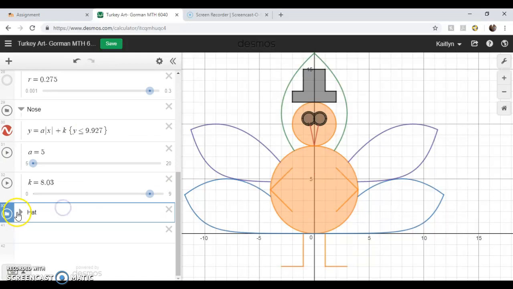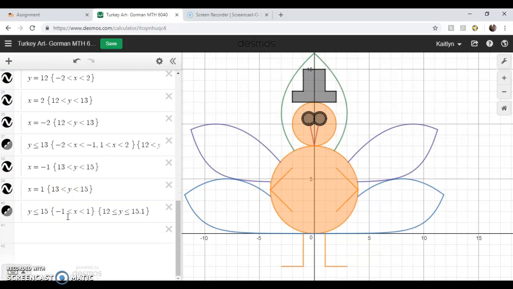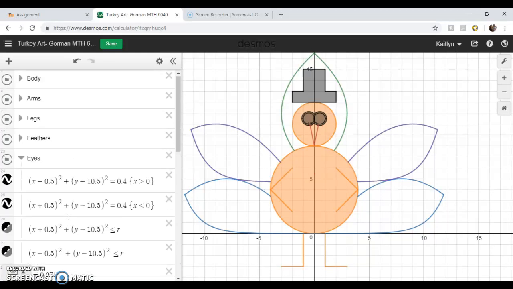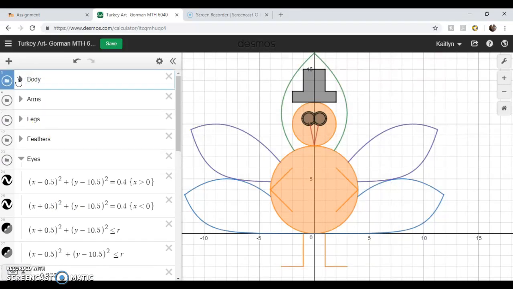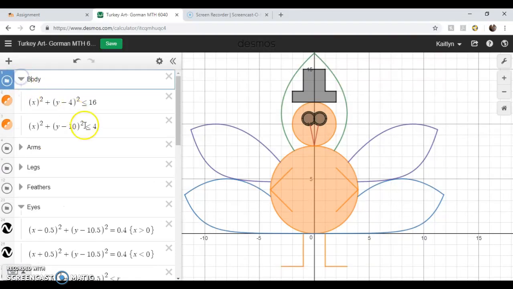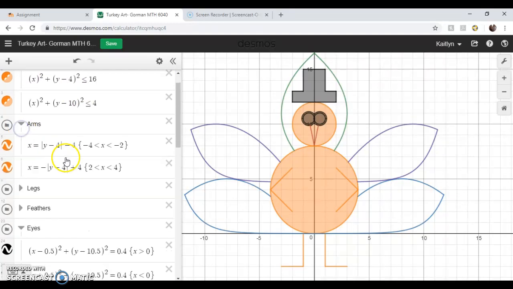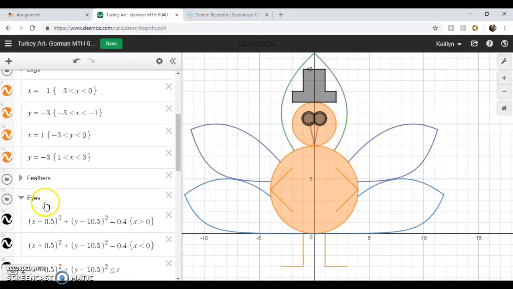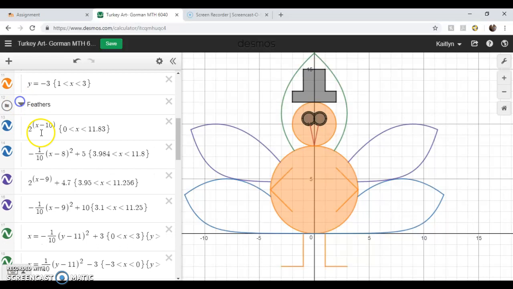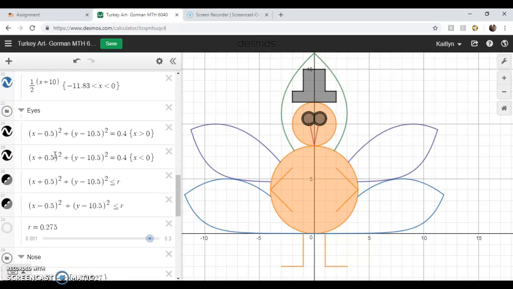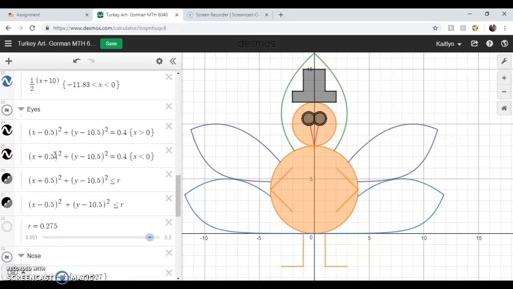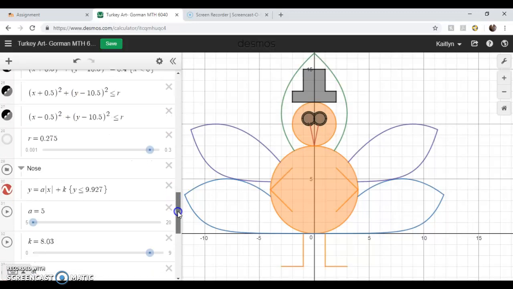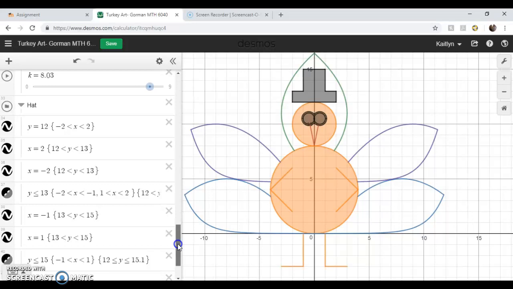So each one is organized by each body part, so you can look through the equations here for each one. This part did take me a while, so that's why I didn't really want to show each part on the screencast, because there are so many equations. That's why I just did the eyes, because it included the conics, it included a slider, and then it also included the shading for the inequalities.